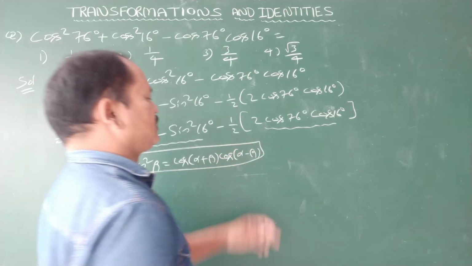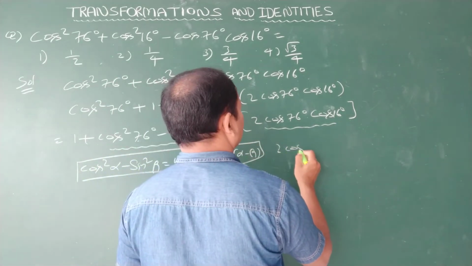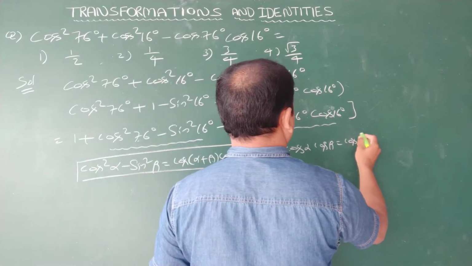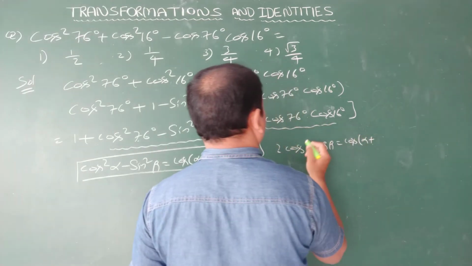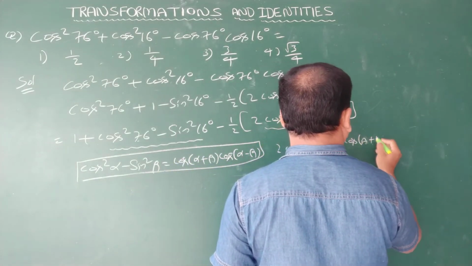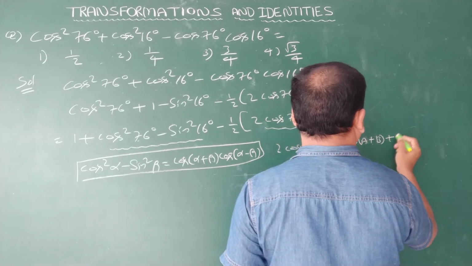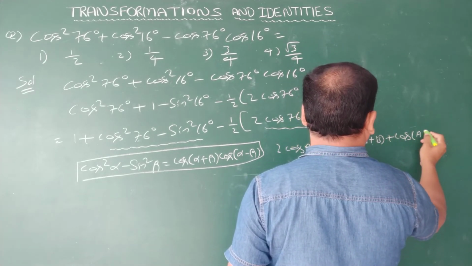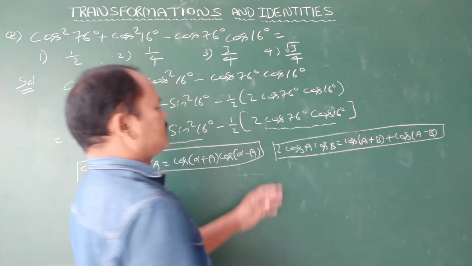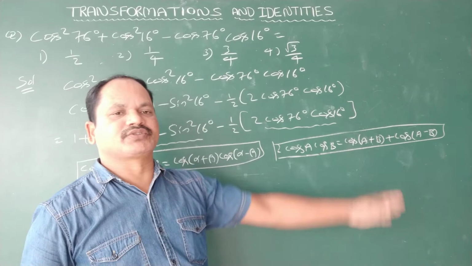Now for this one, 2 cos A cos B is equal to cos A plus B plus cos A minus B. That means here the product is transformed into a sum.